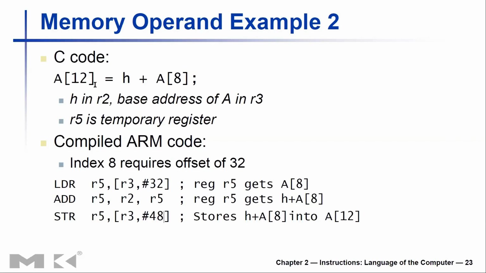The offset for the 12th element is 12 times 4 bytes away from the R3 base address. So you use the offset 48. The base address is still in R3, plus 48. You will be storing the value in R5 at the R3 plus 48 address in main memory.